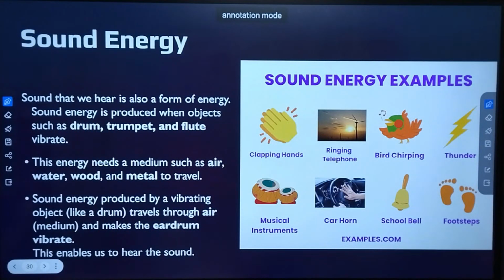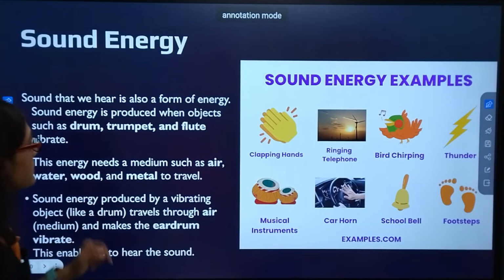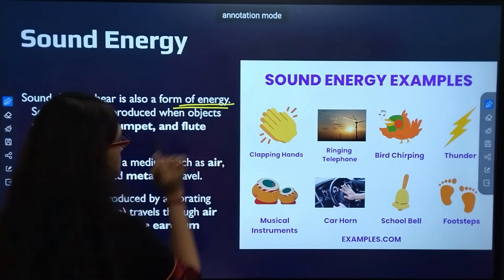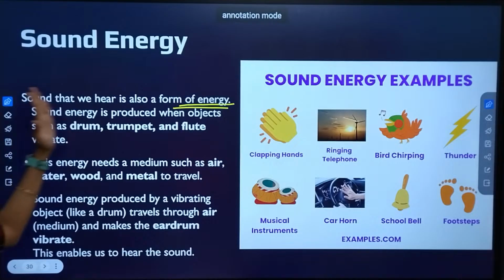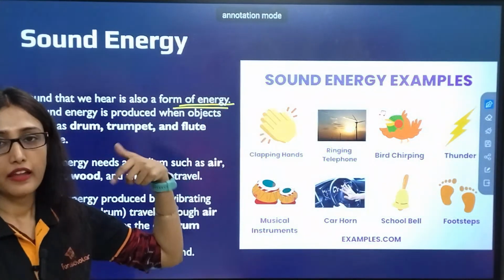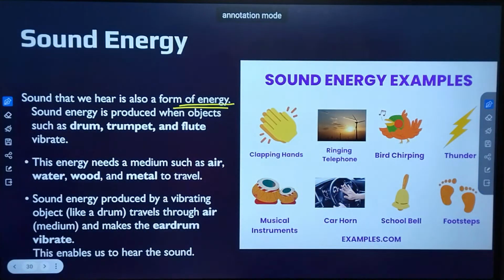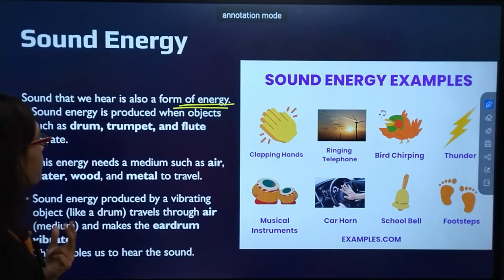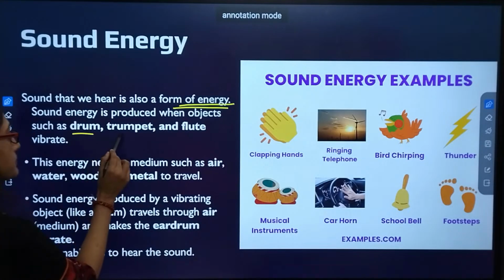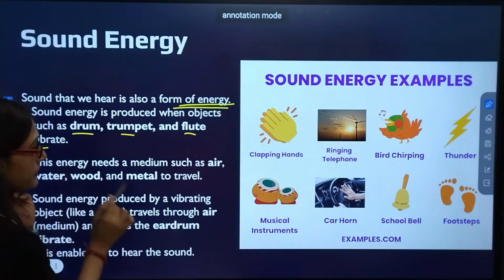Because of this sound energy. So let's read. Sound that we hear is also a form of energy. For this class, you just need to know this one, and further things you will learn in higher classes. Sound energy is produced when objects such as drums, trumpets, flutes vibrate.